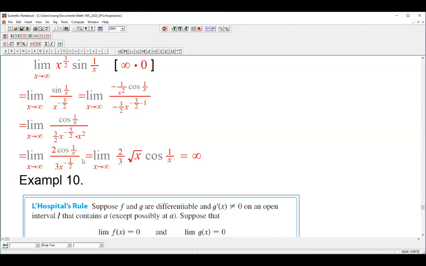We have a limit. This limit is very interesting.